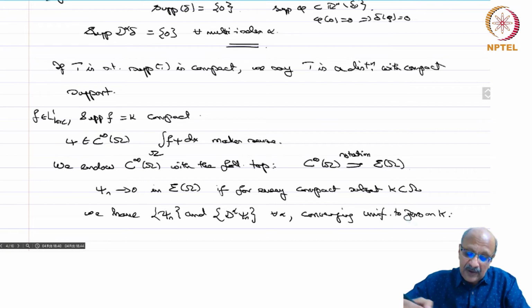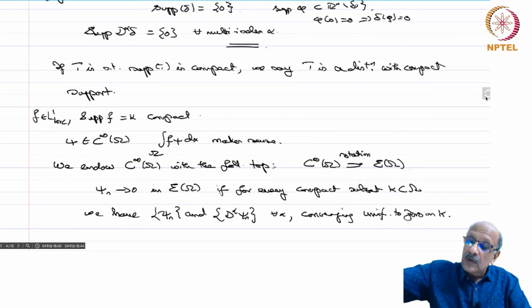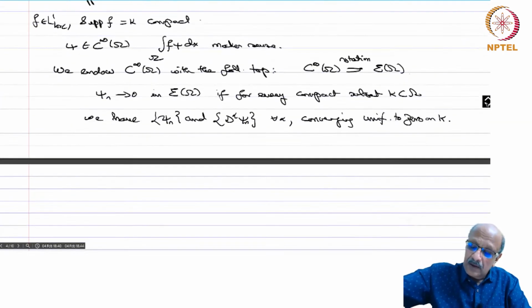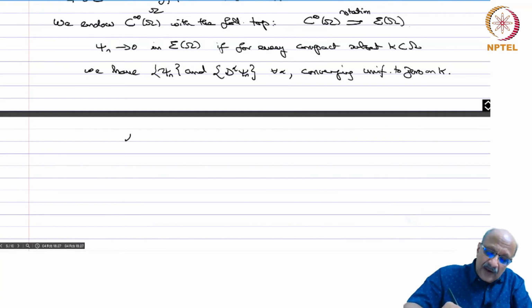That doesn't happen because the functions themselves don't have compact support. They are C infinity functions, and therefore on every compact set psi n and all the derived sequences go to 0.